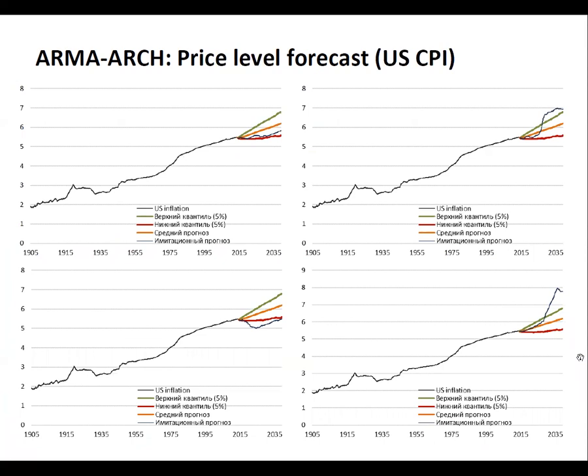On this slide, we have a 5% interval forecast for ARMA plus ARCH, which are obtained using a simulation model, and these are the simulations themselves. As we said, the ARCH model adds kurtosis and fat tails to the model, and accordingly it often happens that ARMA plus ARCH goes approximately around the mean.